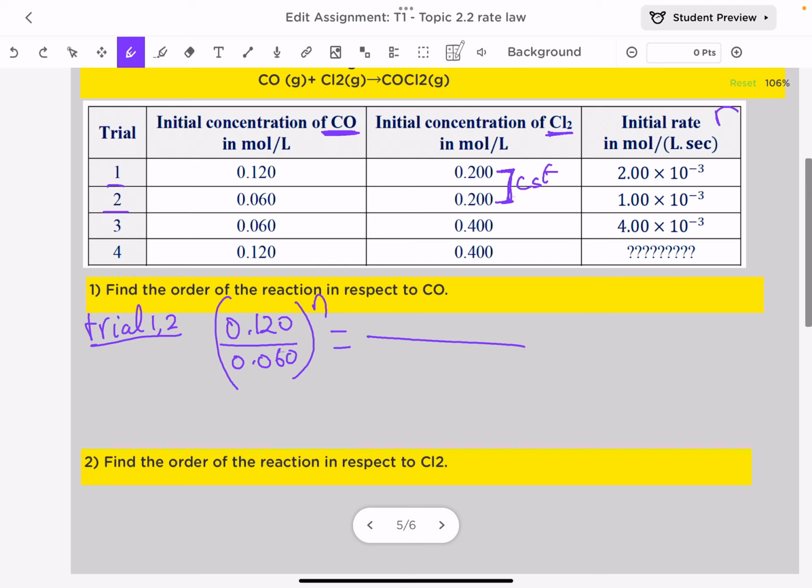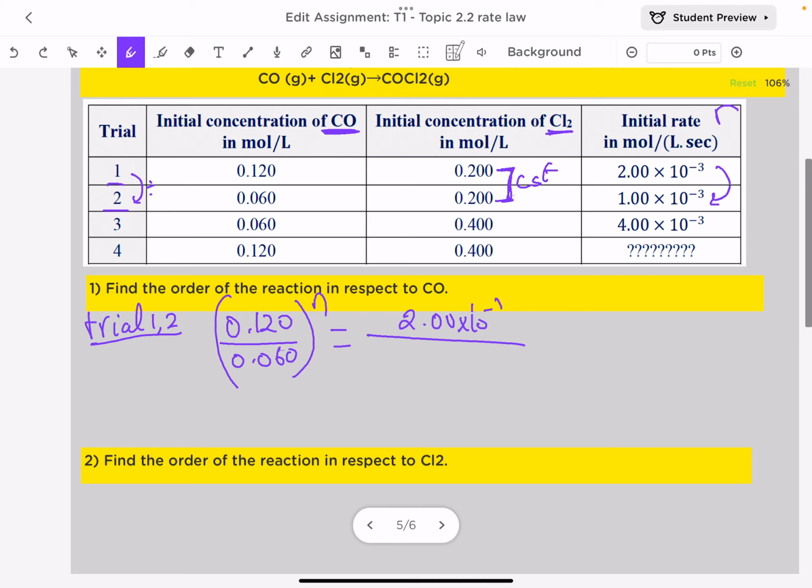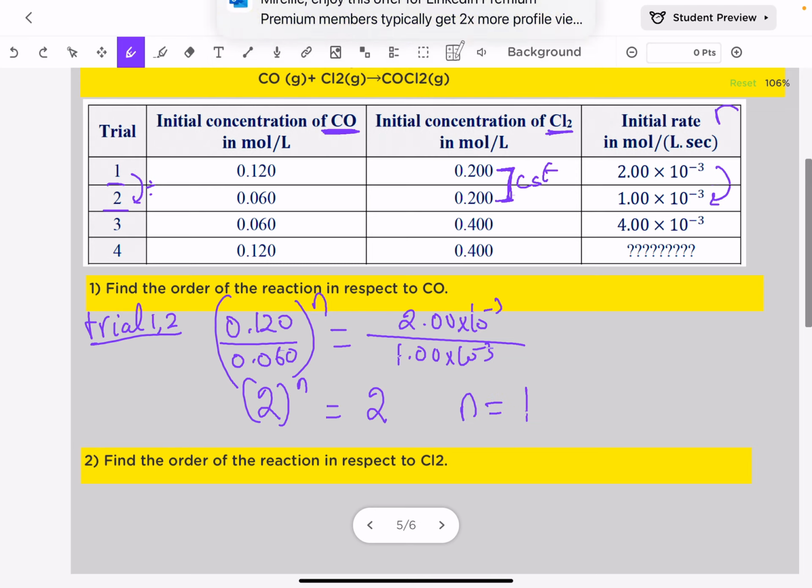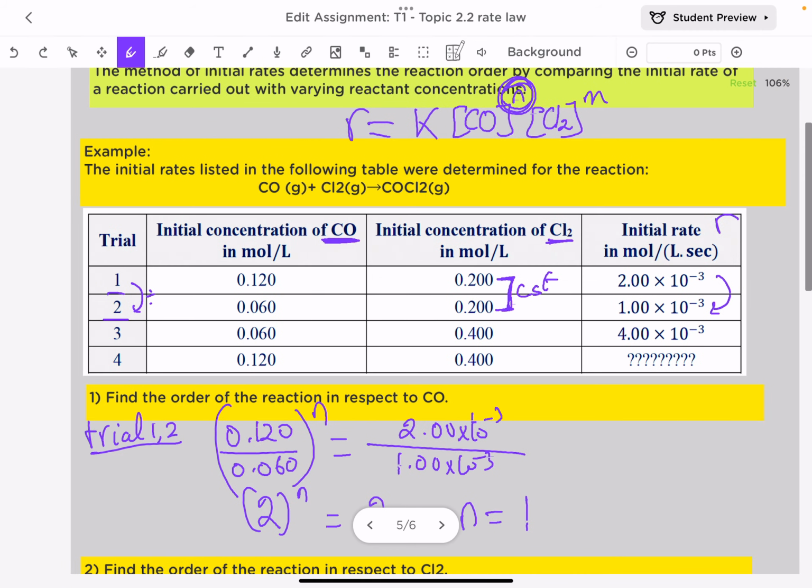I said trial 1 divided by trial 2, so I take the rate of trial 1 divided by the rate of trial 2. I plug it into my calculator and I find the answer. So here, this is 2 to the power of n equals 2. So n is equal to 1. So the order with respect to CO is 1.